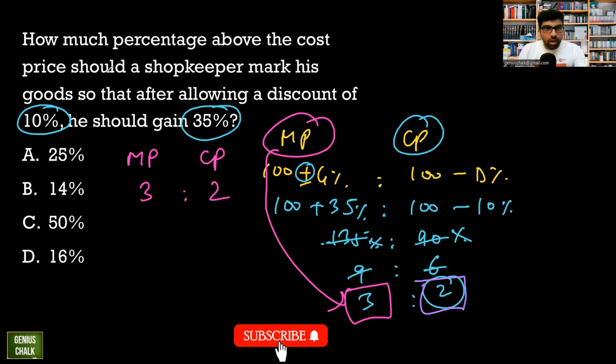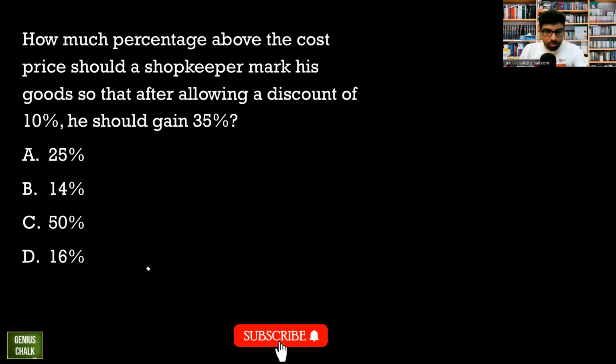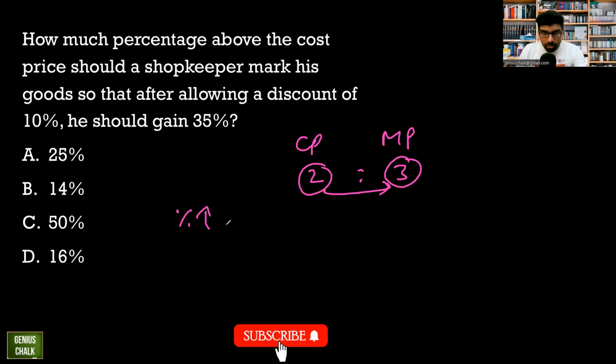What is asked? How much percentage above the cost price should it be marked? The cost price and mark price ratio was 2:3, and it is asking for the percentage increase in mark price over cost price. How do we find percentage increase?